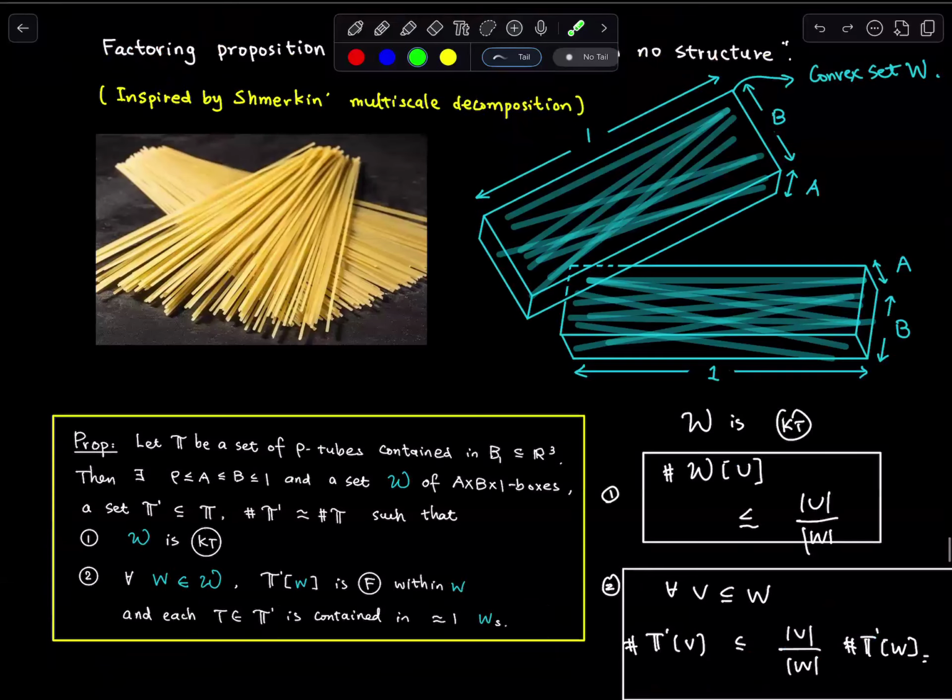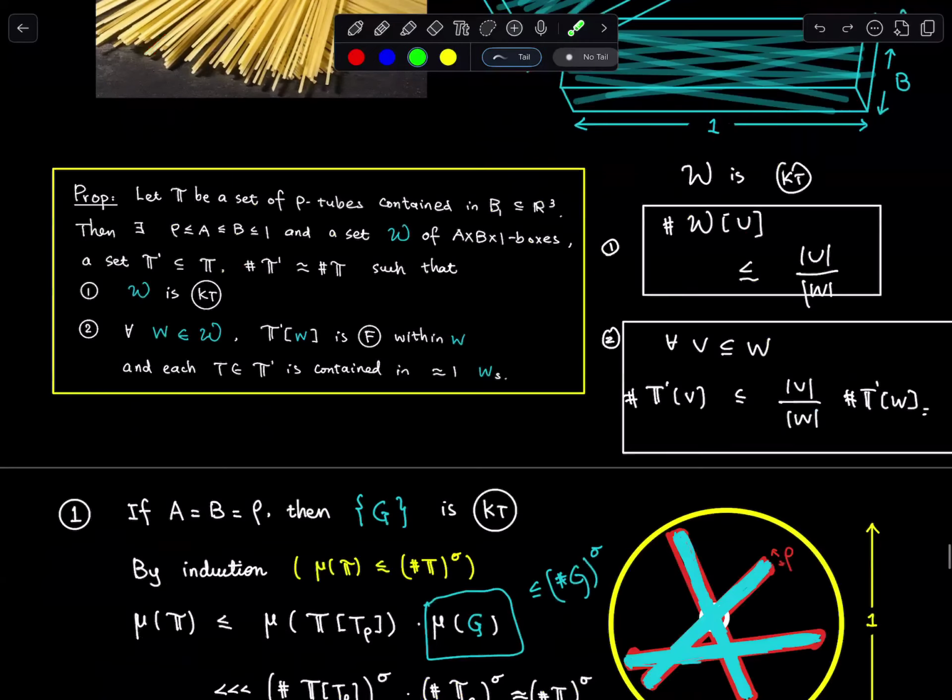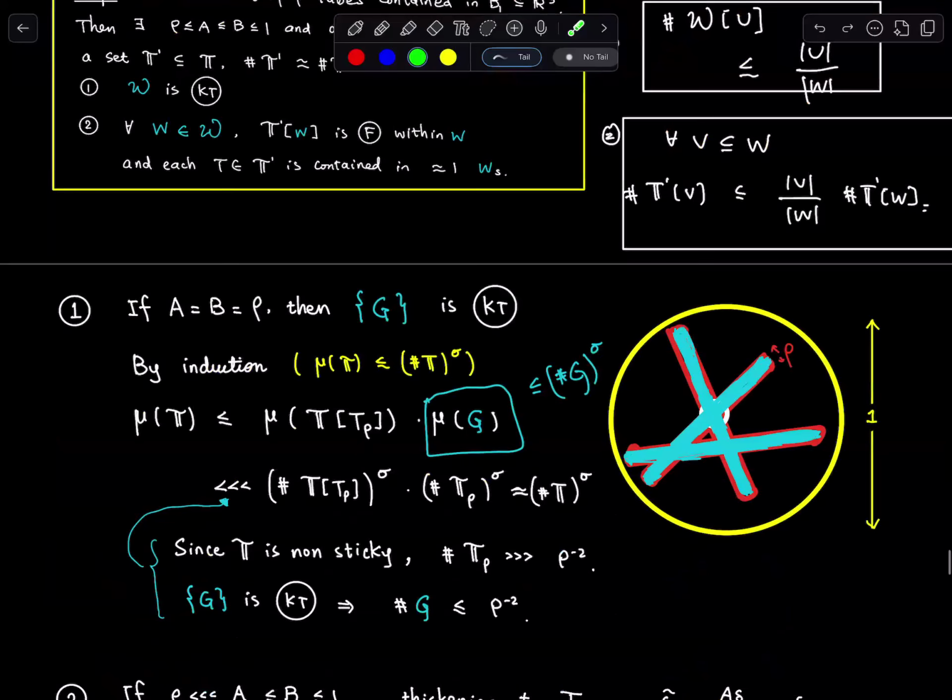Recall that the size of the boxes is not given to us, it's given by the set of rho tubes.